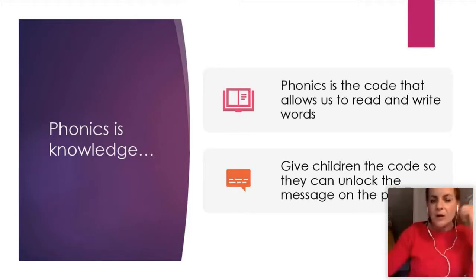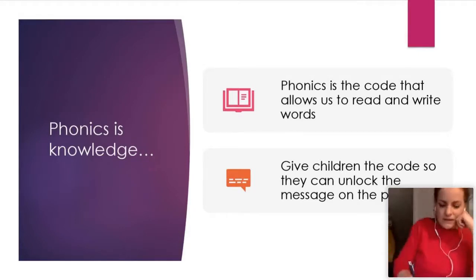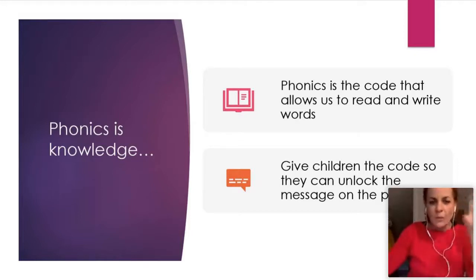I always say, crack that code. If we give children the code, they can unlock the message communicated on the page. Once they've cracked that code, we open up a much wider range of opportunity for them, and they can access other areas of the curriculum.